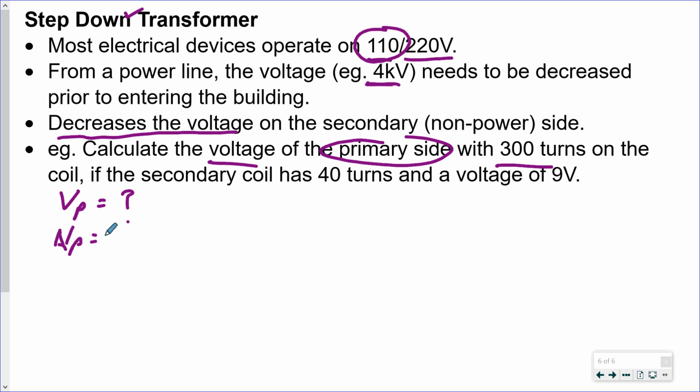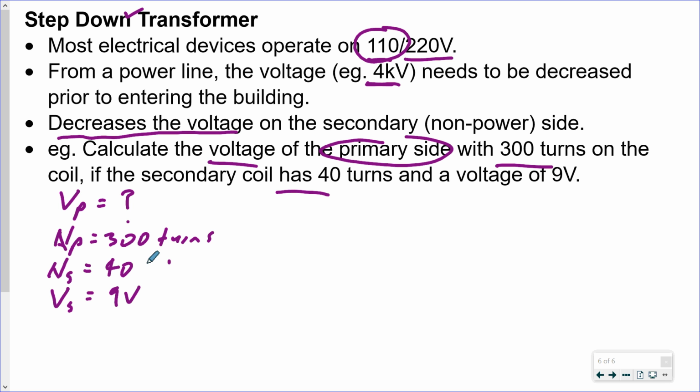NP is equal to 300 turns. We're given the number of turns on the secondary side, NS is equal to 40 turns. And finally, we're also given the voltage on the secondary side, and this would be 9 volts.